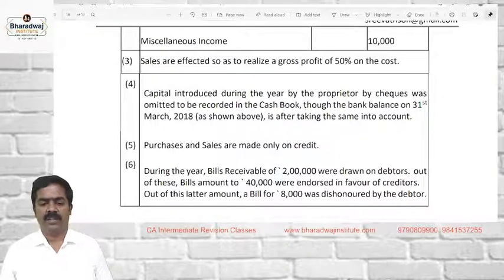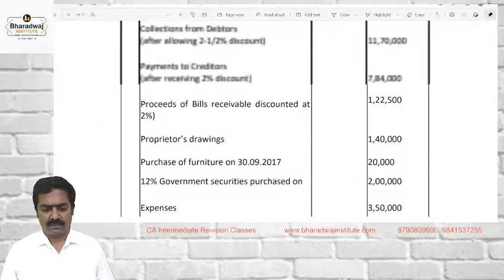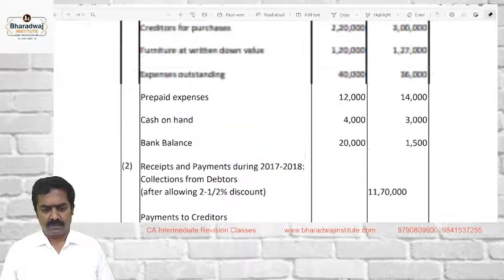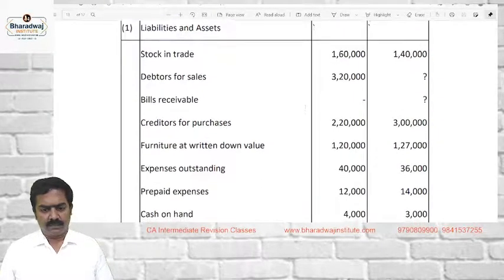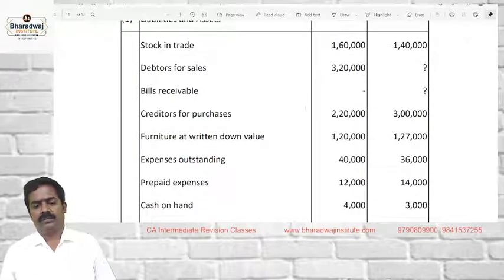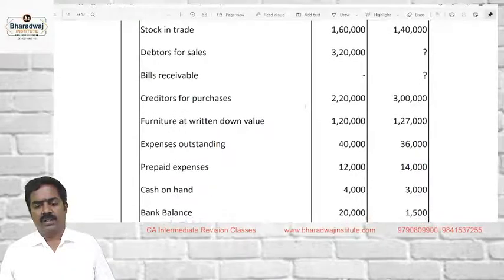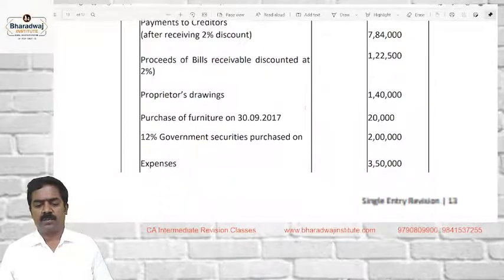Read the problem fully, then we will solve. The debtors balance as well as the bills receivable balance is missing.